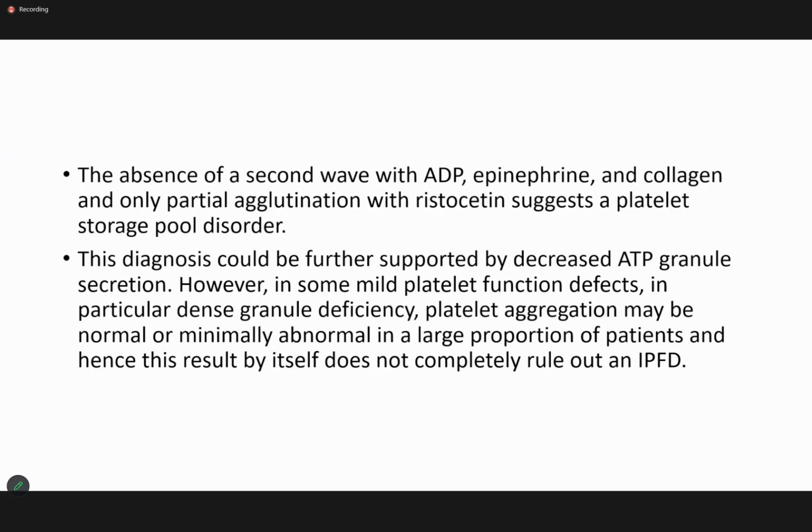However, in some mild platelet function defects, in particular dense granule deficiency or abnormality, platelet aggregation may be normal or only minimally abnormal in a large proportion of patients, and hence the result by itself does not completely rule out an inherited platelet function disorder.